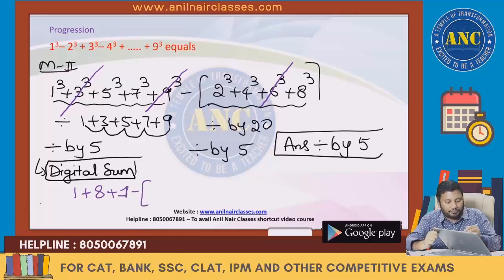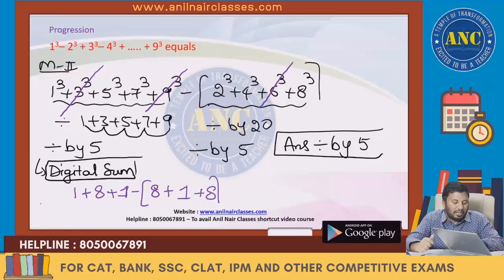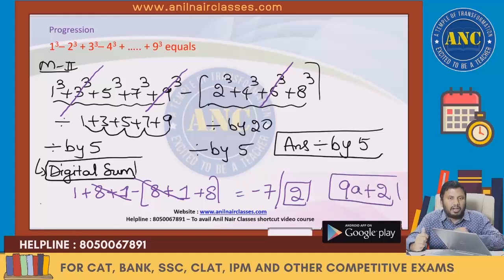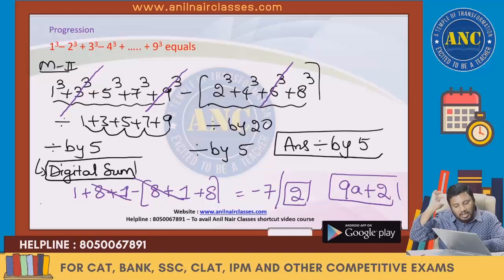Minus of 2 cube, it is 8. 4 cube is 64, 1. 8 cube 512 is nothing but 8. 8 plus 1 minus of 8 plus 1. 1 minus 8 is minus 7. Minus 7 means remainder should be 2. The answer should give a remainder 2. I hope the idea is clear.